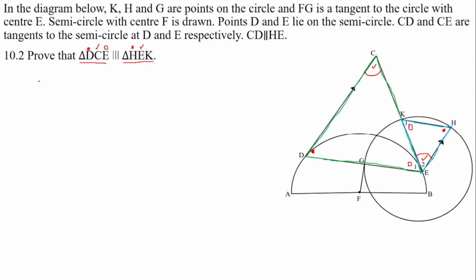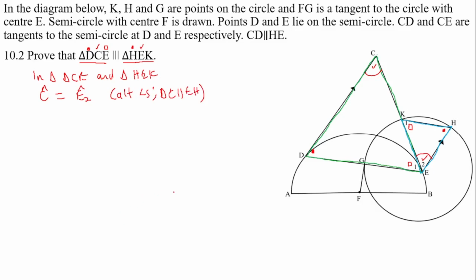So in triangle DCE and triangle HEK, angle C is equal to angle E2. Reason: alternate angles, DC is parallel to EH.